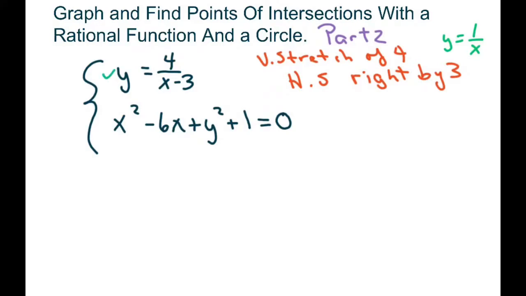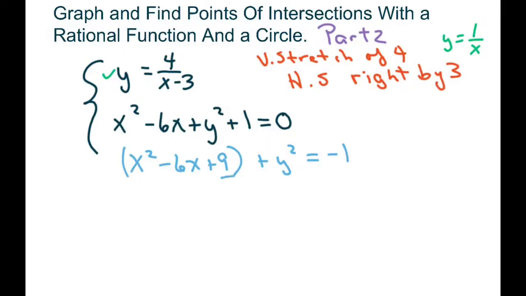In this one, the circle, we're going to write it so we can see the center by completing the square. Half of 6 is 3, and squared, you get 9. So we made a perfect square trinomial. And move the 1 over to the right side.